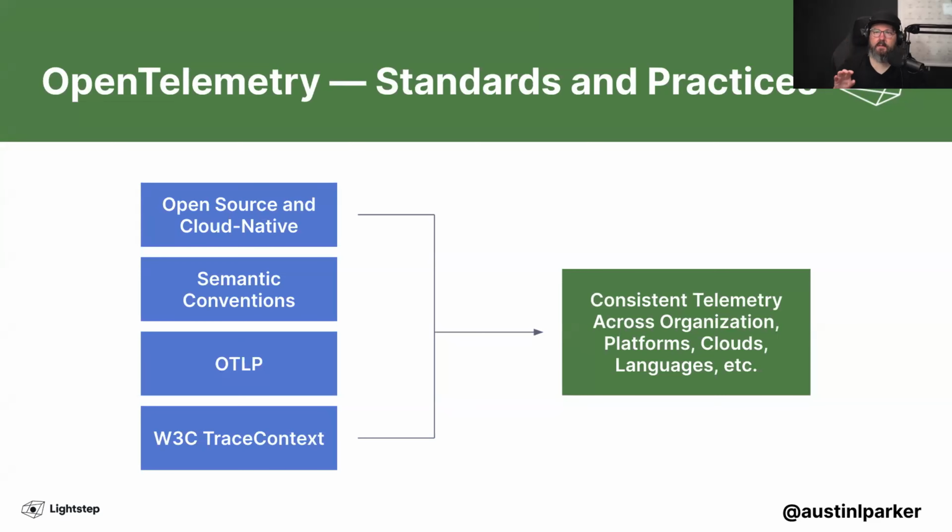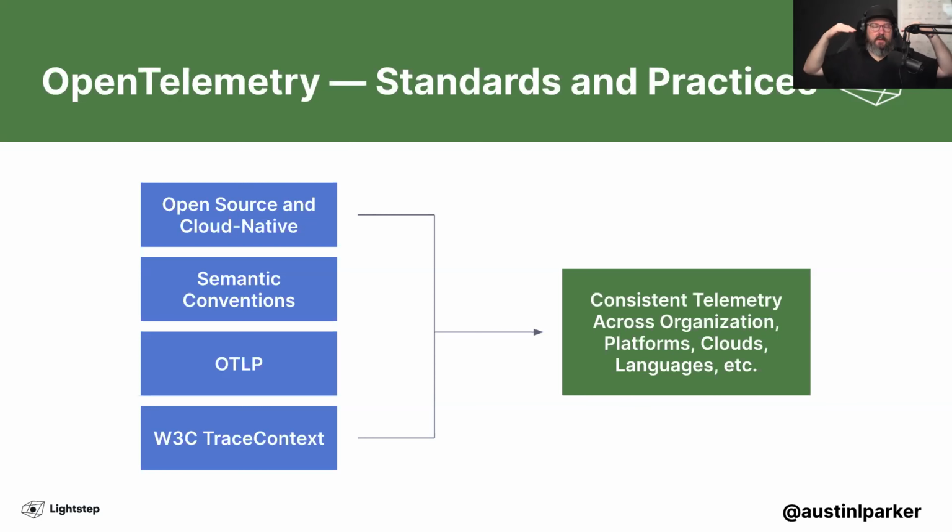Finally, there's the W3C trace context. This is what actually powers that implicit context, that service context I was talking about earlier. And this is a W3C project, which is an actual standards body. Trace context is a way to make sure that, for every request, there's a unique ID that gets passed through all my services so that I can correlate all that information later.